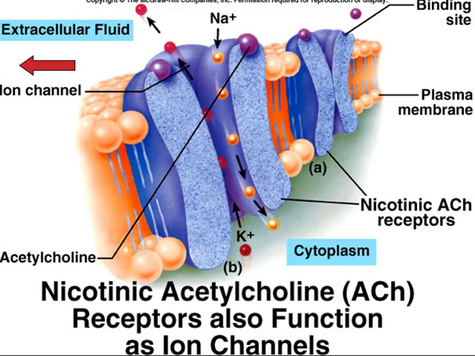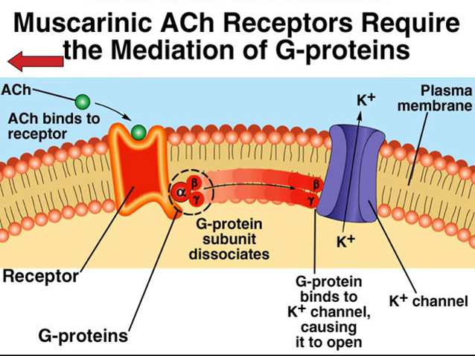There's another way that receptors in that postsynaptic membrane can work. It turns out that sometimes the receptor is not the channel. So the neurotransmitter binds to the receptor. Here they're showing it binds to the receptor. When it binds to that receptor, it causes the release of some special proteins that we call the G proteins.